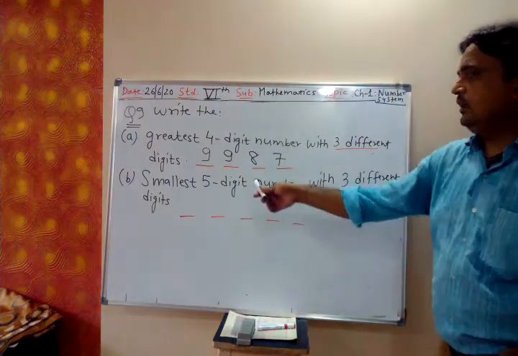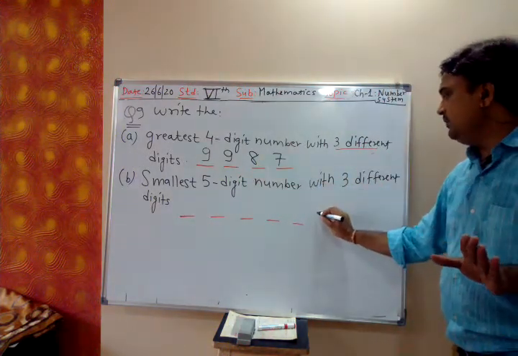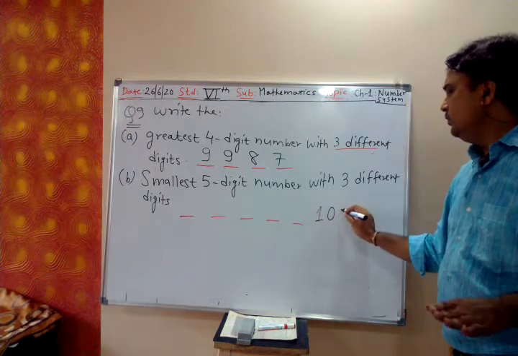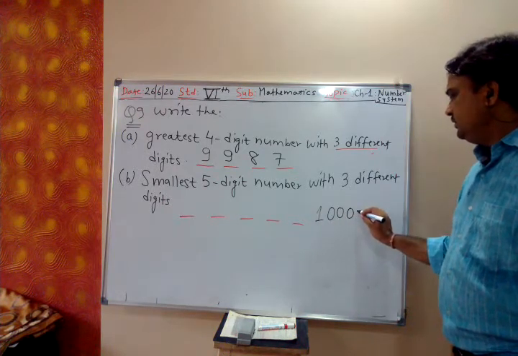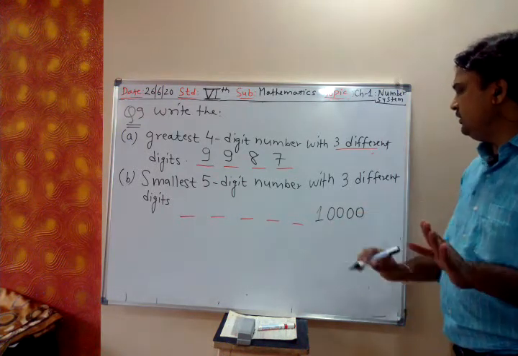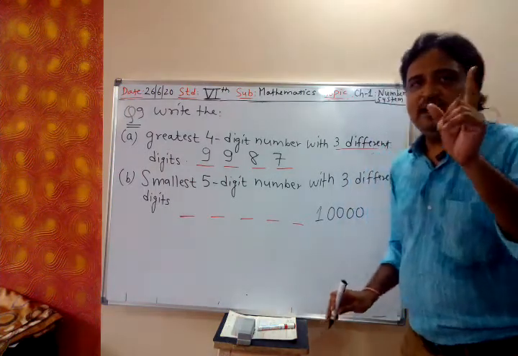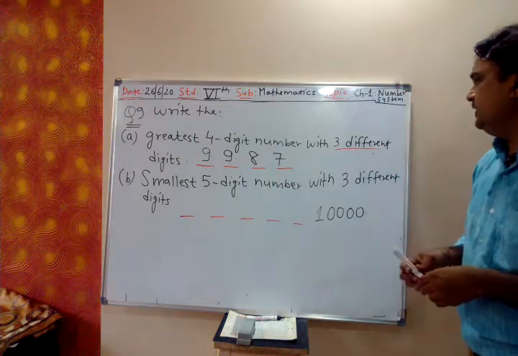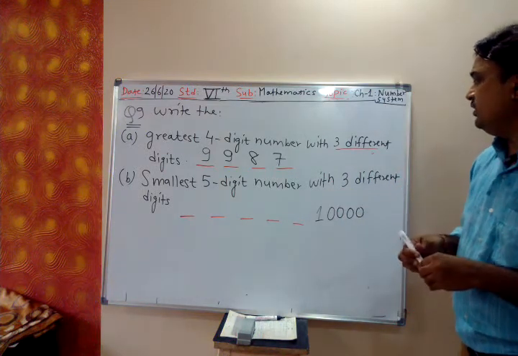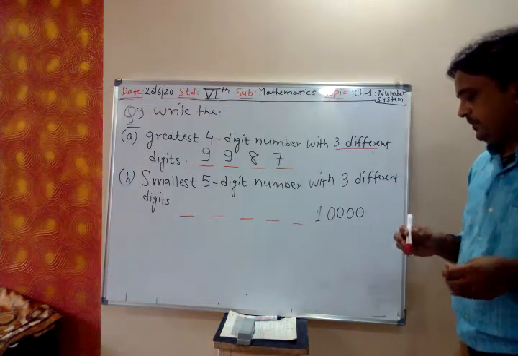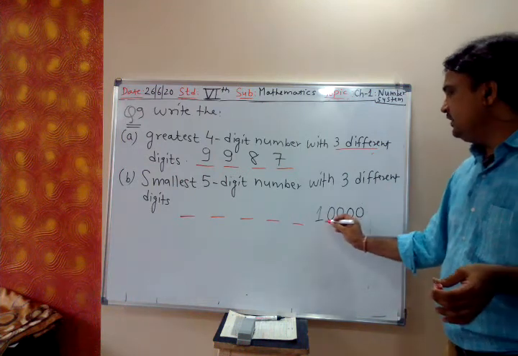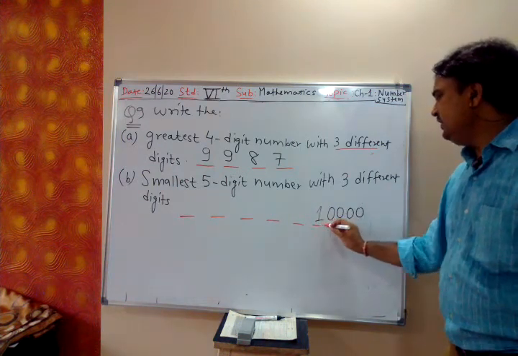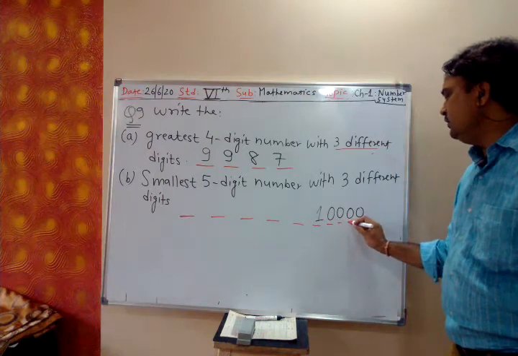Now let us take the smallest 5-digit number. Sorry, 10,000 is the smallest 5-digit number. Now we want 3 different digits. So 1 is there, then 0, 0.